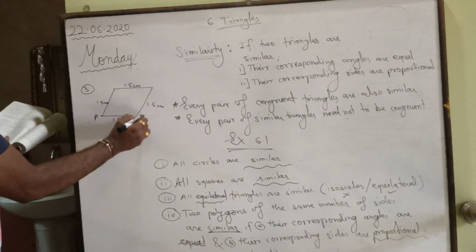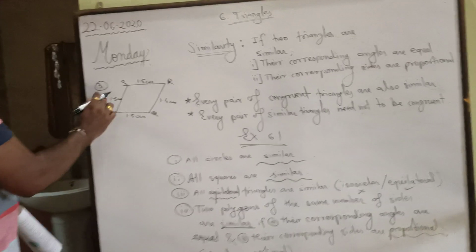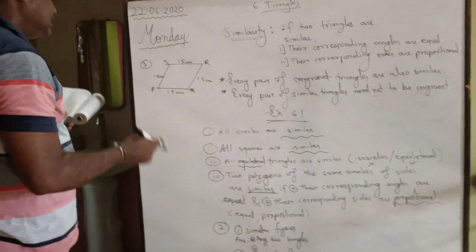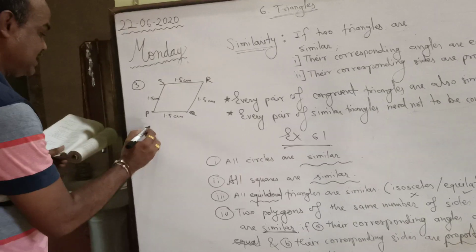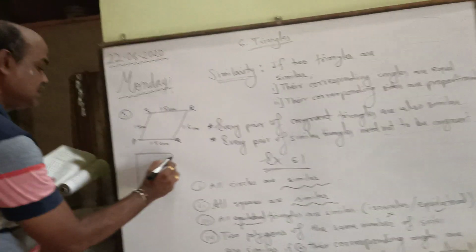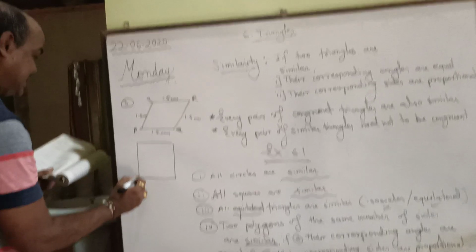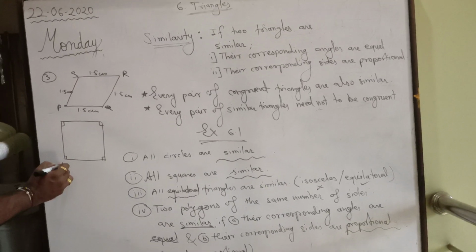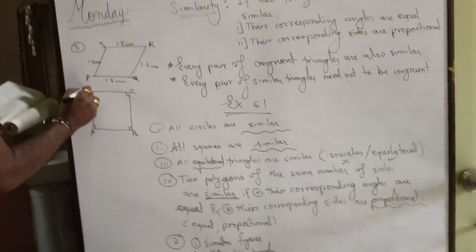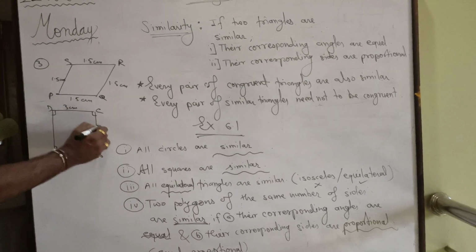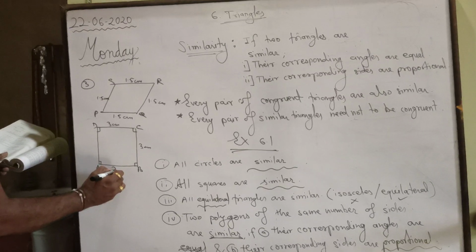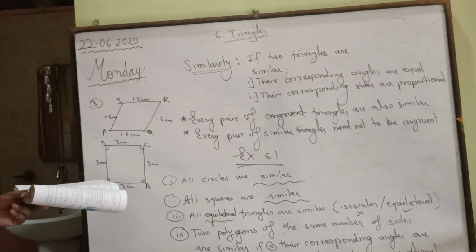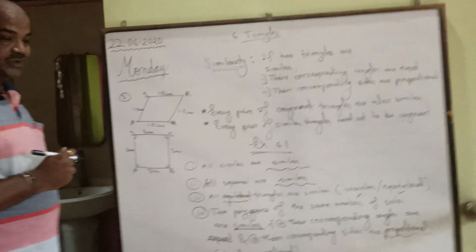Its name is PQRS, 1.5 each side. Definitely it is a rhombus, and another figure is a square. You can see every angle is a right angle. The name of the figure is ABCD, and every side is 3 centimeter, and it is a square.